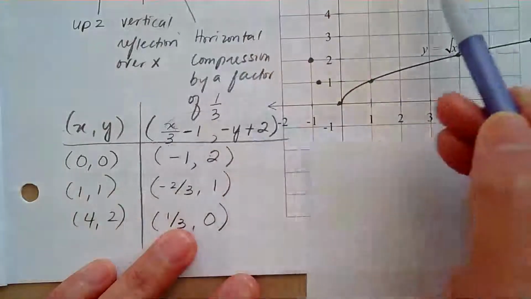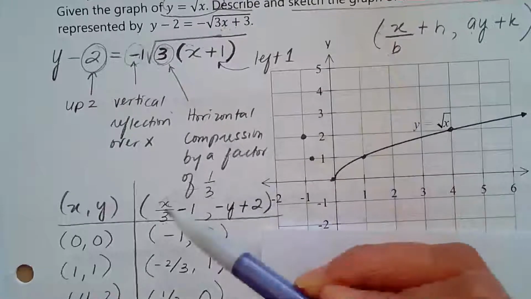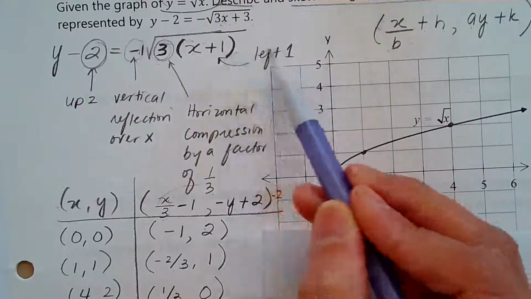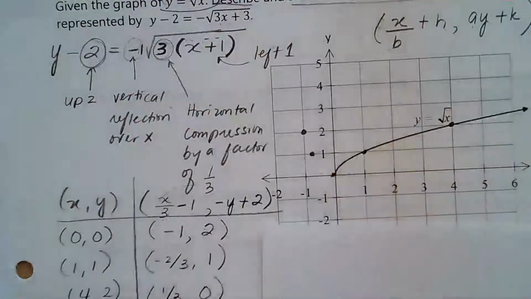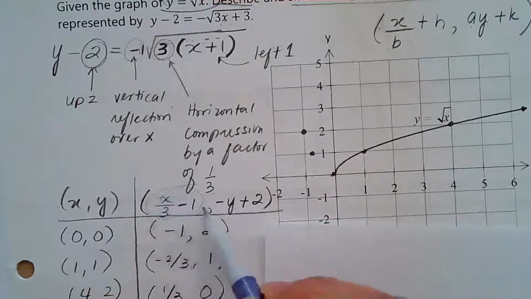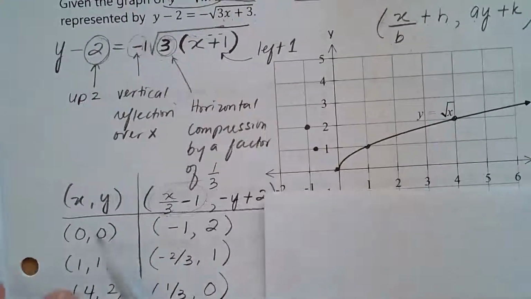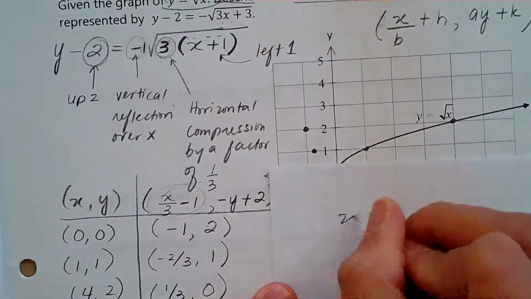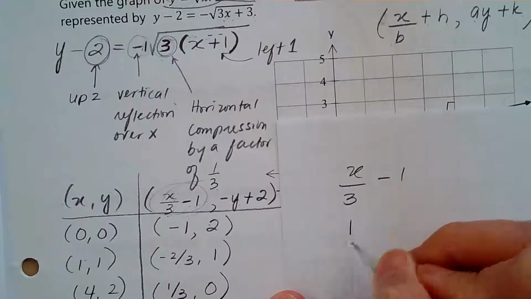So that's going to be x divided by b. So the b is 3 right there. And then to the left 1 unit, because it's minus 1. So that's what it came up to be, right? Negative x divided by 3 minus 1. So the x here is 1. Okay, so we're going to put x over 3 minus 1, and then our x is 1, so I'm going to go 1.